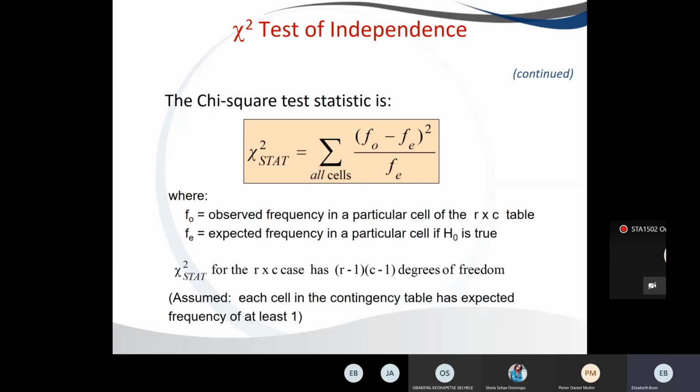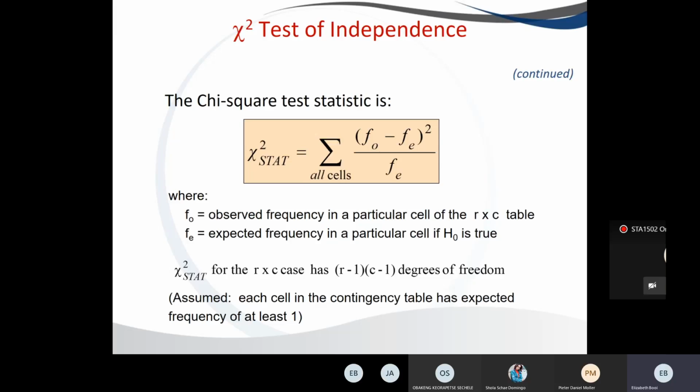And the degrees of freedom, when we go find the region of rejection by using the critical value, when we go to the table, it's different to when you use the goodness of fit test. On this one, the degrees of freedom will be the number of rows minus 1 times the number of columns minus 1.